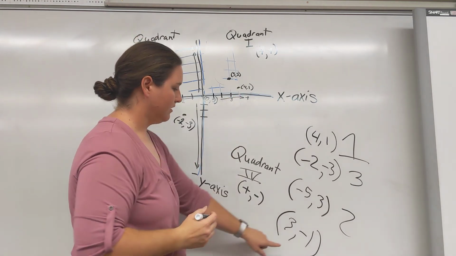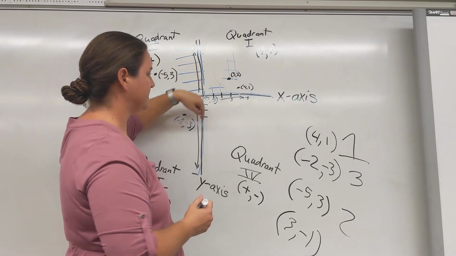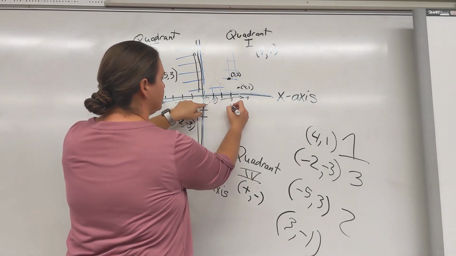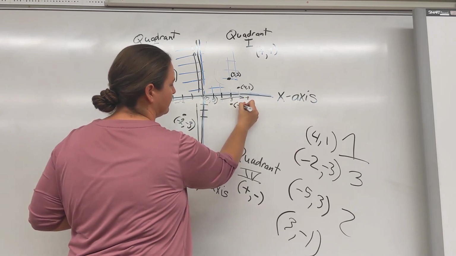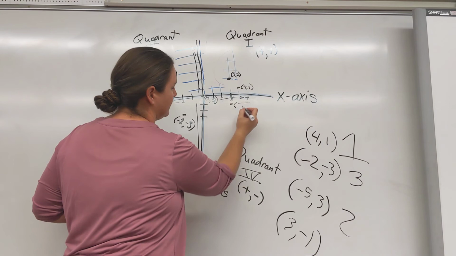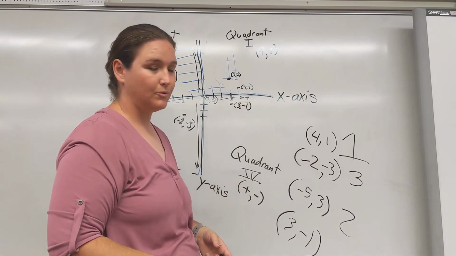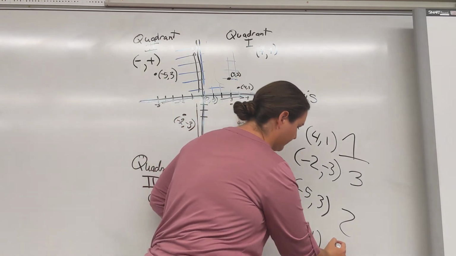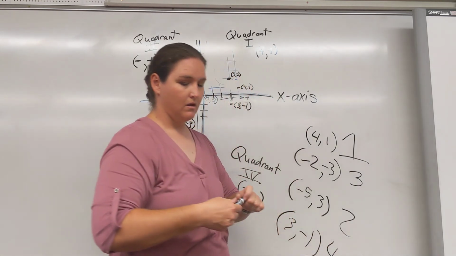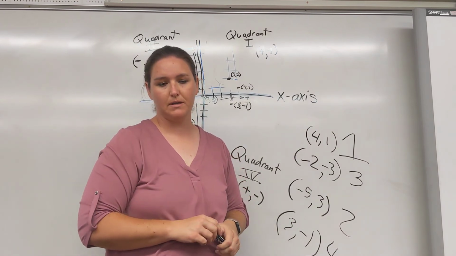And then our y number says we're going to go down. So here is 1 down, negative. That is 3 and a negative 1. And what quadrant is it in? Quadrant 4.